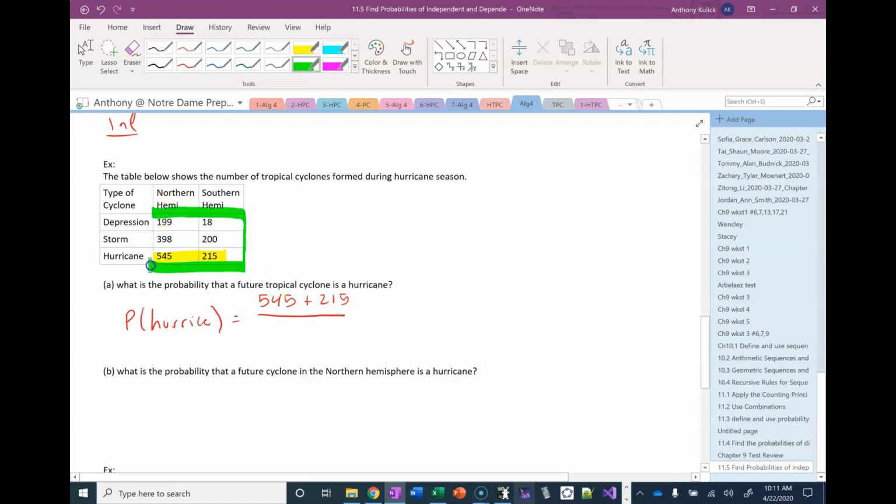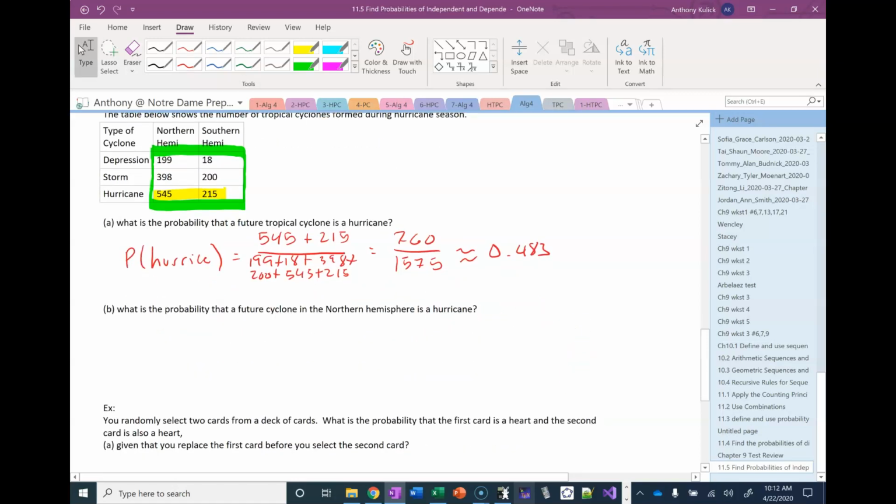So the cyclones are all of these. So I'm going to have 199 plus 18 plus 398 plus 200 plus 545 plus 215. So when I do that, I get 760 over 1575. And this comes out to be about 0.483. Okay.